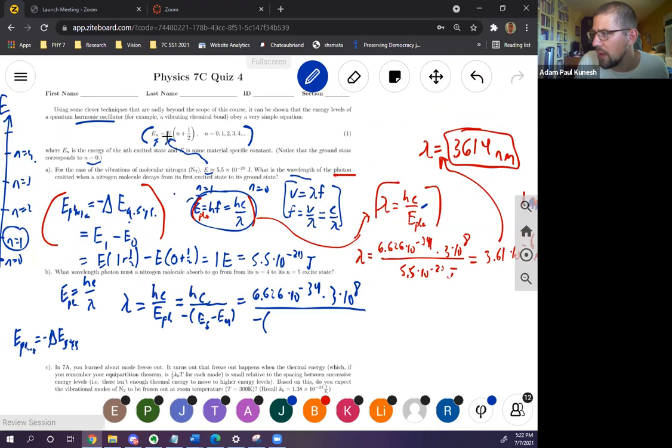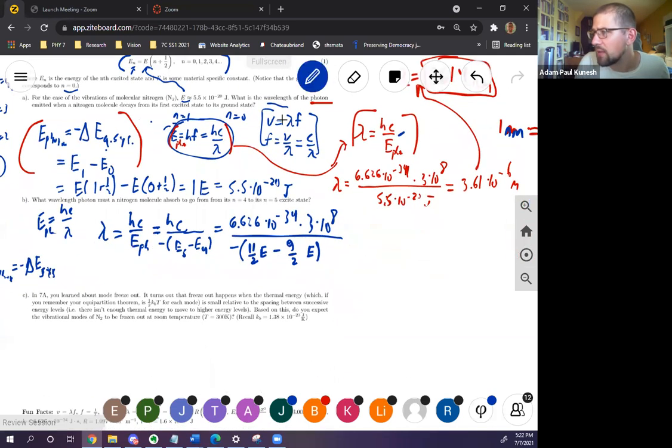E5 is 5 plus a half, so that's 11 halves E, minus E4, which is 9 halves E. That E is just 5.5 times 10 to the negative 20th. I'll go ahead and plug that in.